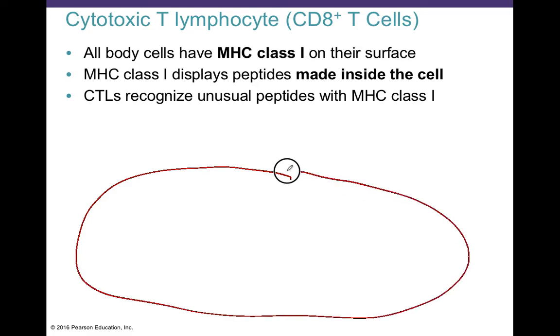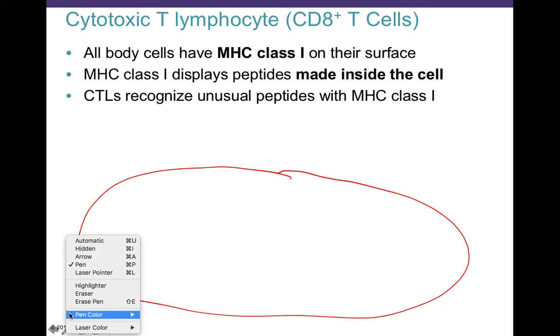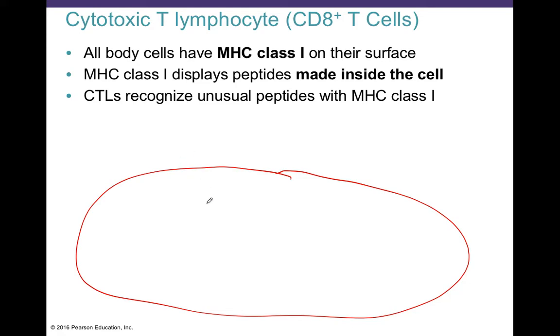So here we have our cell. And all cells actually produce MHC1. So any cell in our body is normally producing proteins.